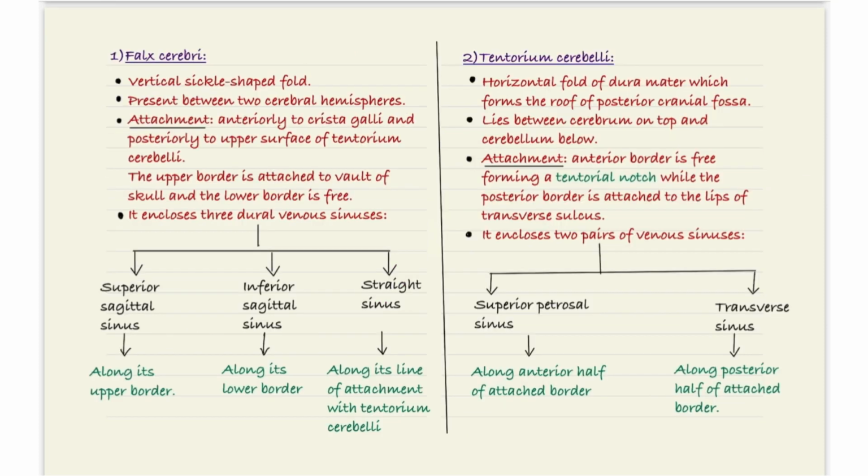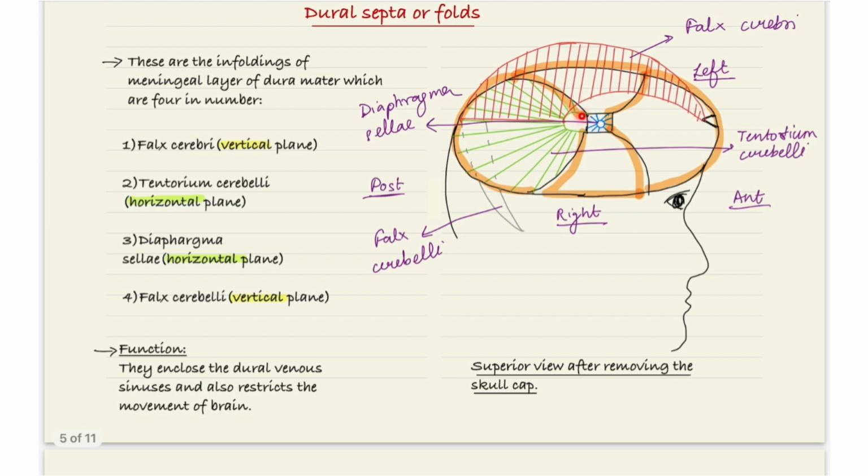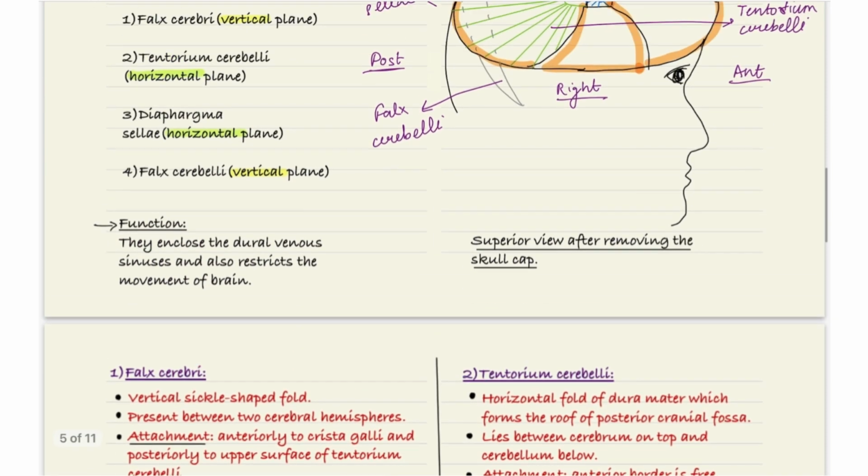Second point, it lies between the cerebrum on the top and cerebellum below. So above this tentorium cerebelli lie the cerebral hemispheres and below this lie the cerebellar hemispheres. Attachment: anterior border is free, forming a tentorial notch.